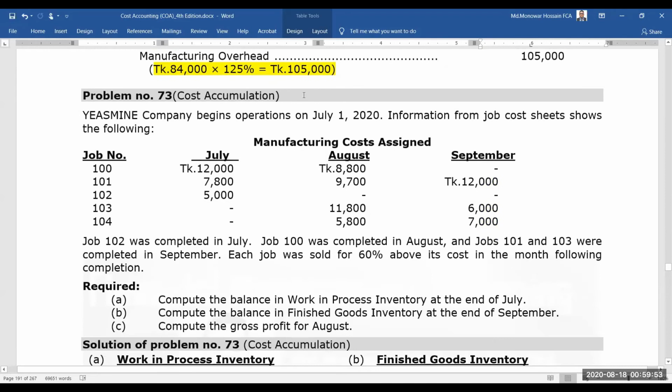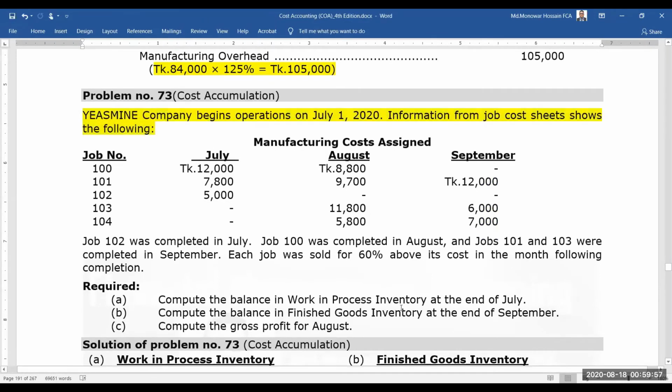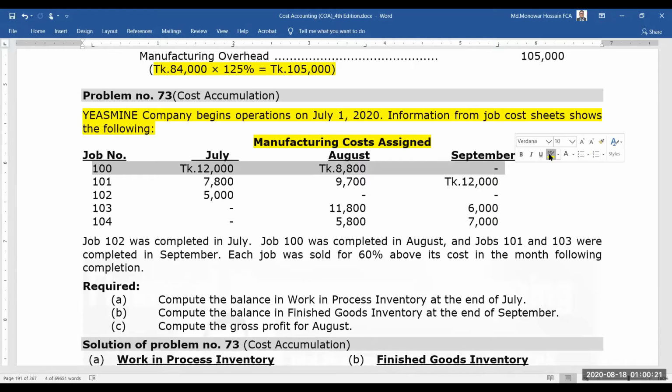Look here, the cost accumulation of Yasmin company begins operation on 1st July 2020. Information of job cost sheet: there are 5 jobs. Manufacturing cost assigned in July, job number 100: July cost assigned 12,000, August 8,800, September nil.